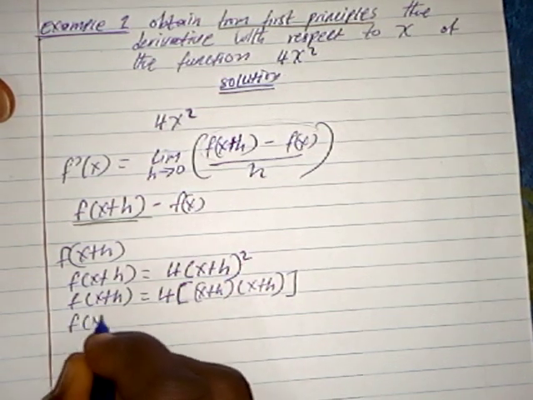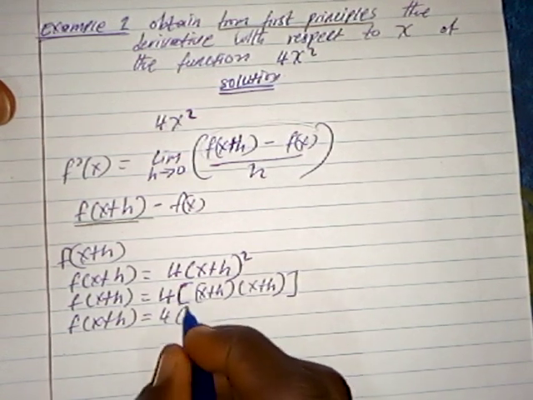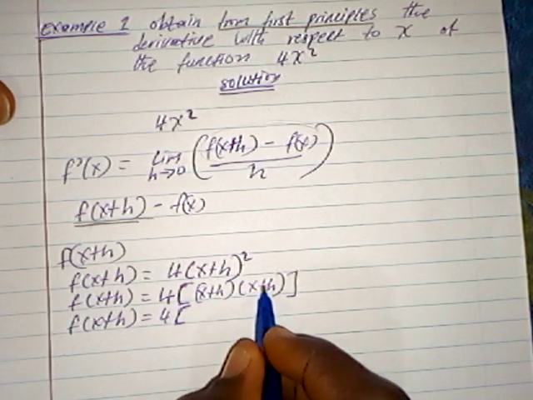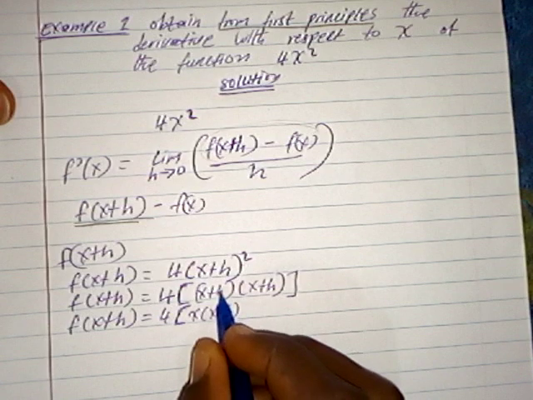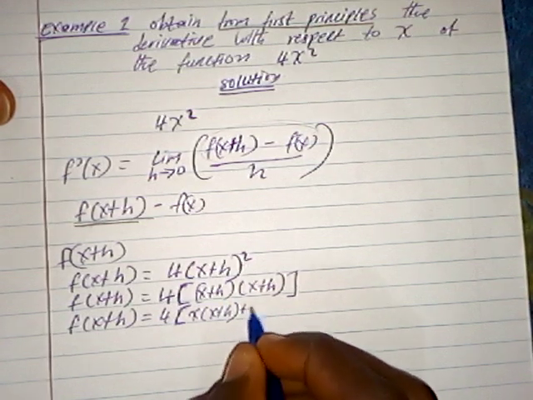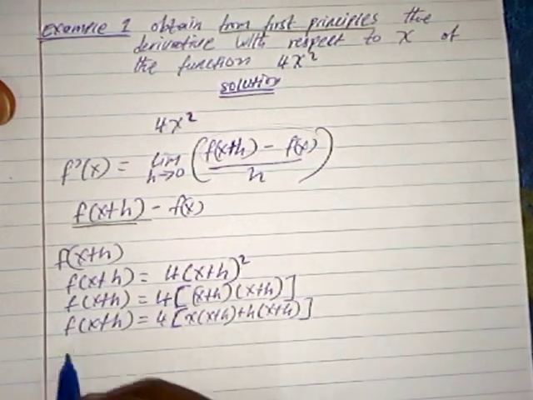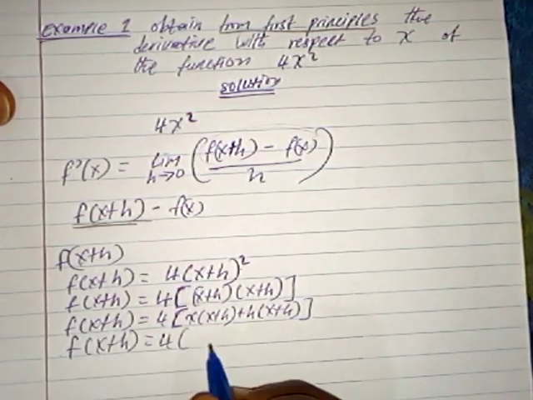So f of x plus h the function equals to 4 brackets, right? We are going to multiply this first term into this bracket. So say x into x plus h, and this second term into this bracket as well, plus h bracket x plus h. Do you see? F of x plus h is equals to 4 into what?